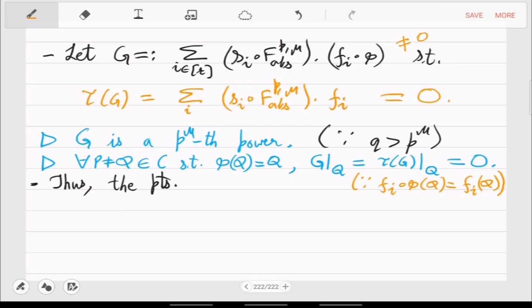As a polynomial, it is 0 without any evaluation. So tau G is absolutely 0.